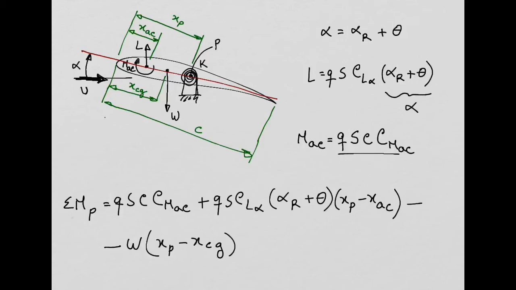And now we need to consider the moment produced by this torsional stiffness at point P. So when you try to rotate the airfoil nose up, the stiffness will impose a moment trying to bring the airfoil nose down, right? So that moment is going to be nose down.